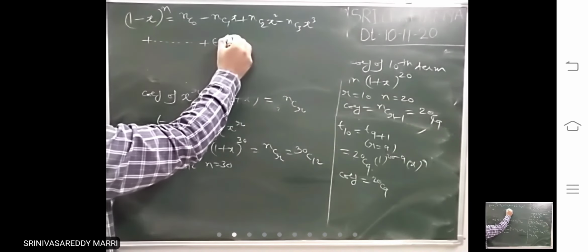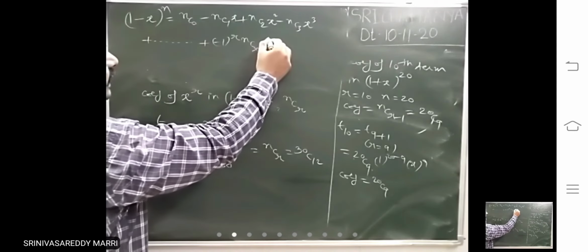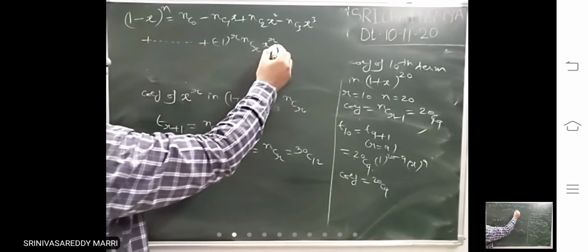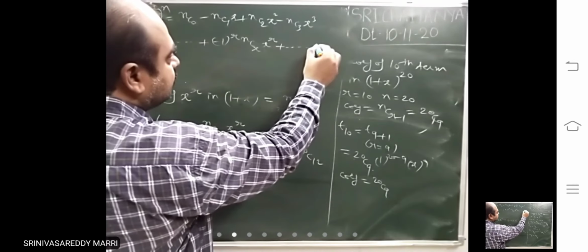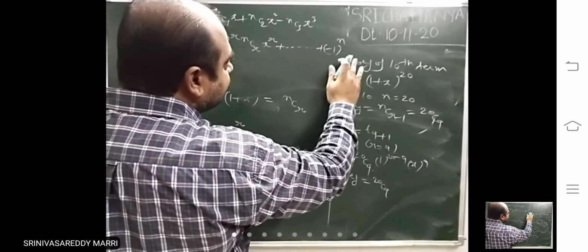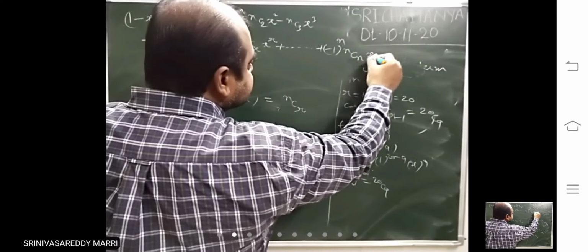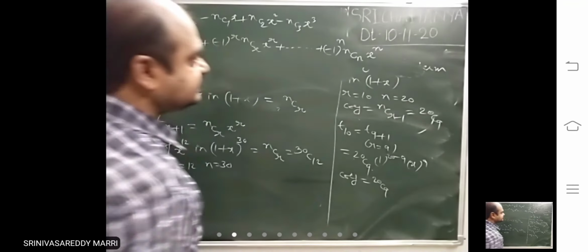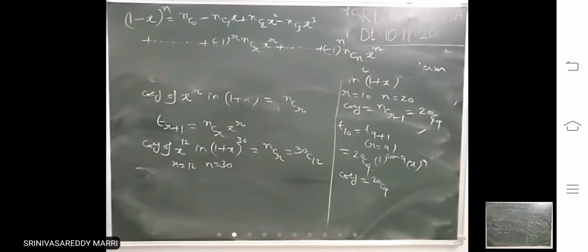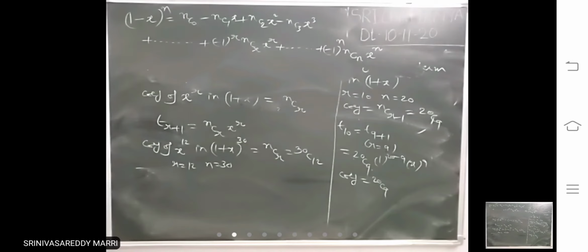The general term is minus 1 whole power r into nCr into x power r, and so on, plus minus 1 whole power n into x power n. In the previous expansion, just replace x by minus x, then you will get this expansion. Same thing will be there, alternate plus minus. This is the expansion of (1 minus x) whole power n.